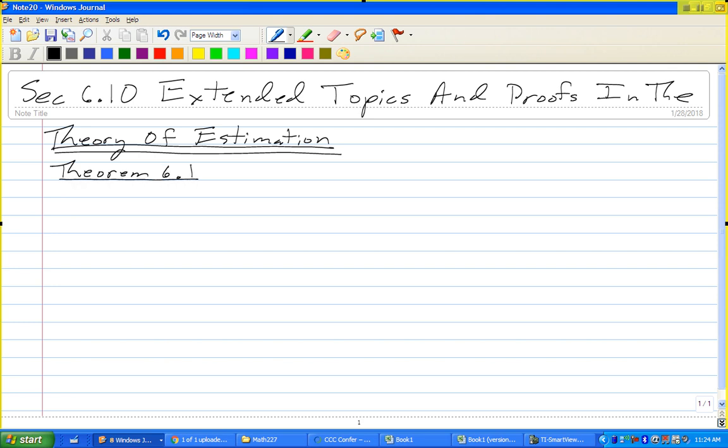theorem 6.1. If I have a simple random sample consisting of x1, x2 to xn, and these are normally distributed. So suppose that each of these random variables are normally distributed with mean mu and standard deviation sigma.